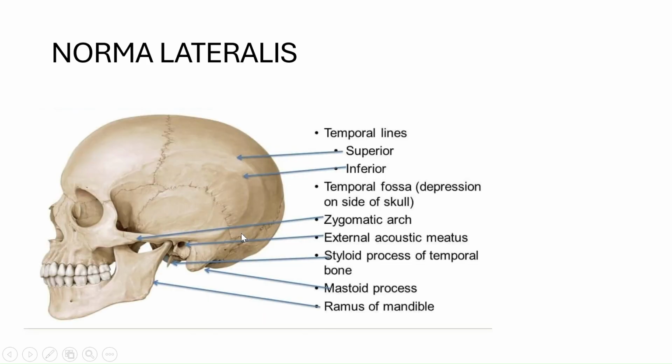Now coming on to the norma lateralis. In norma lateralis, you will see very important bones, but I don't think these are of importance because we all know this is the coronal suture, that is the lambdoid suture. We can see this is the parieto-squamous suture, and the temporal lines are of importance. Initially there is only one temporal line.